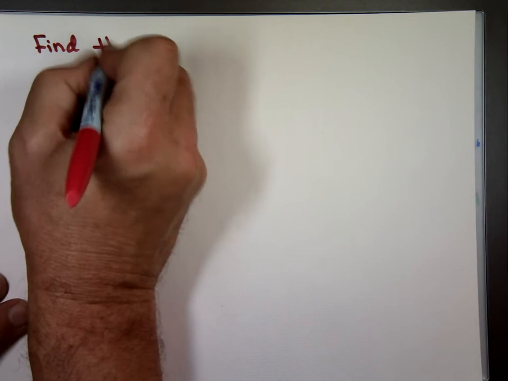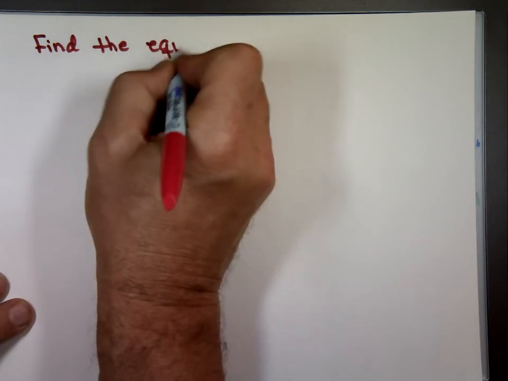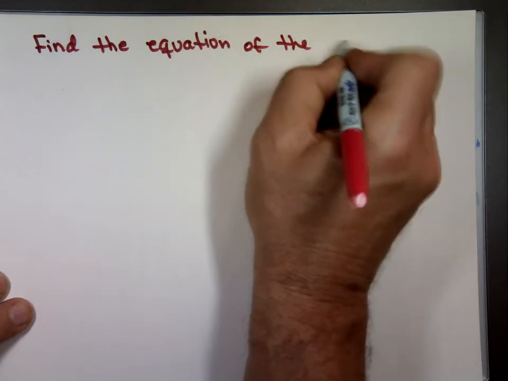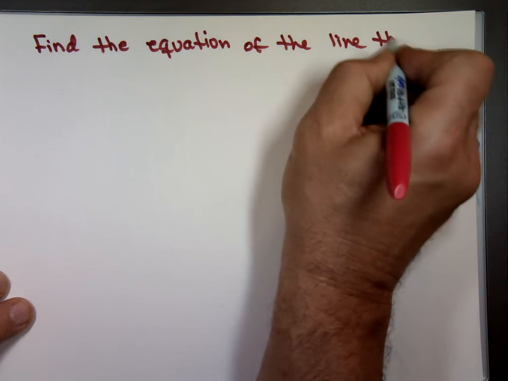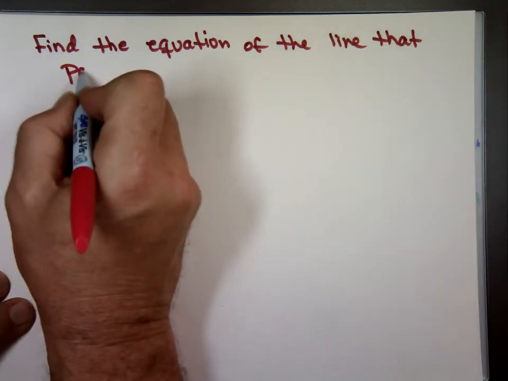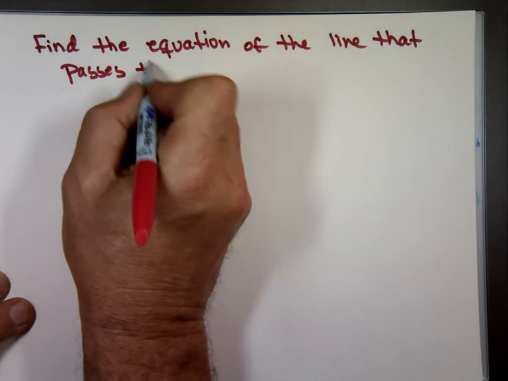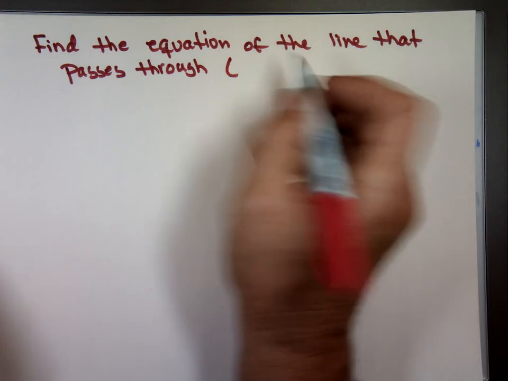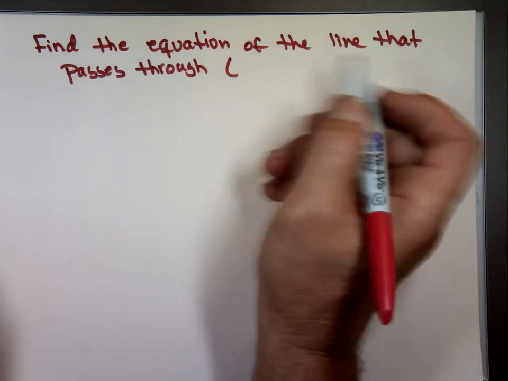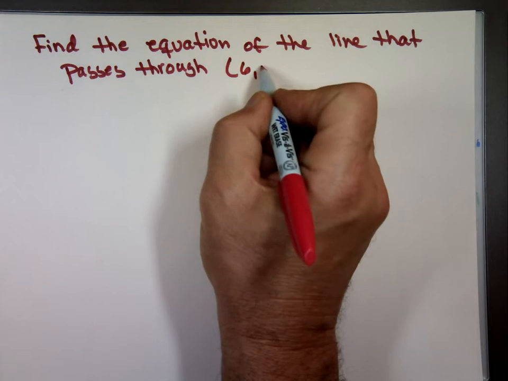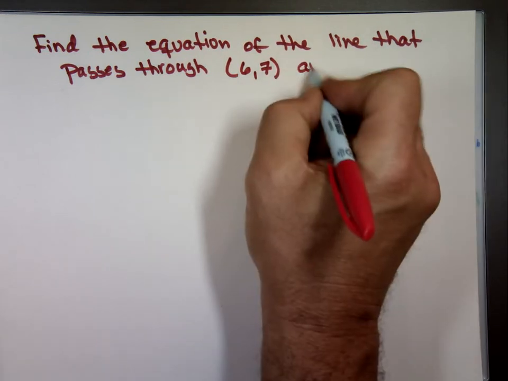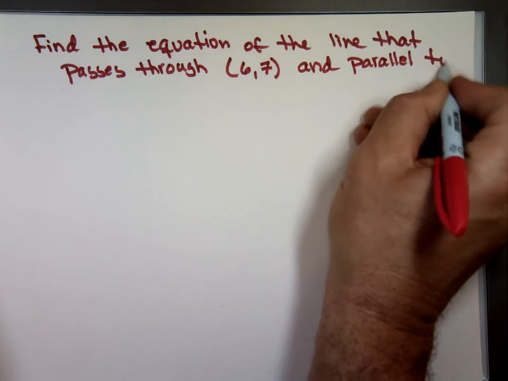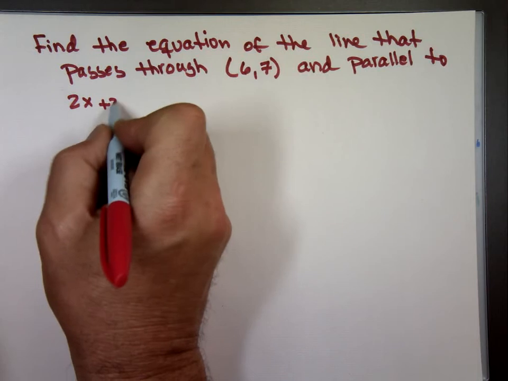On this, find the equation of the line that passes through, pick a number, a point, 6 and 7, and parallel to 2x plus 3y equals 5.